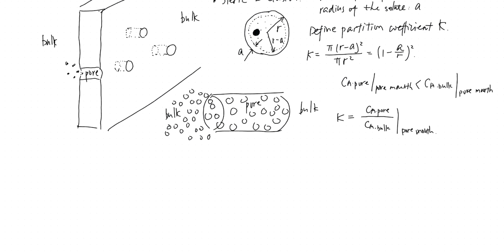Let's look at the second factor, hindered diffusion. Hindered diffusion is due to hydrodynamic resistance, so it's related to the hydrodynamic environment.